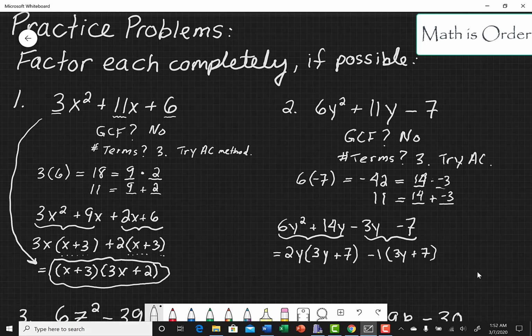Now, this is good because these two factors here are the same, and that is really what we're looking for. All right, now since those two factors are the same, we go ahead and factor out those common factors, leaving us a final answer. This is our final answer.